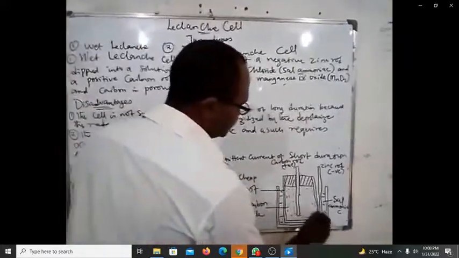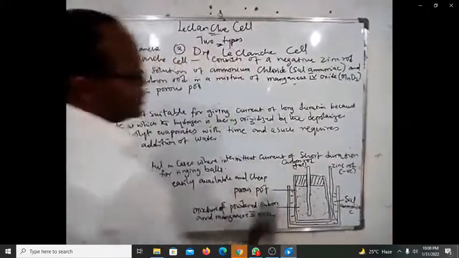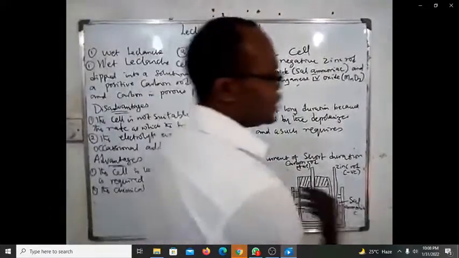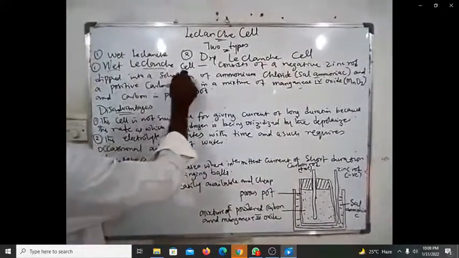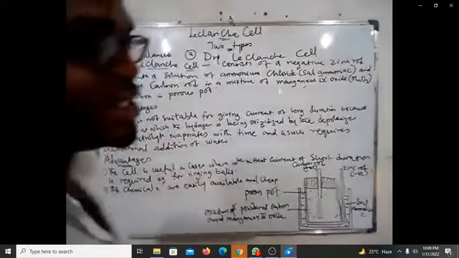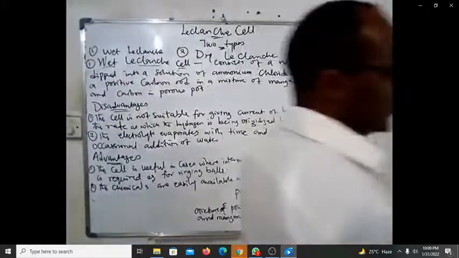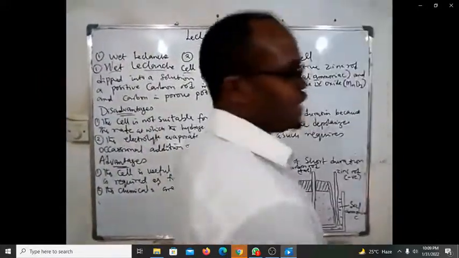This is a porous pot. Understand? So this setup is what we call the wet Leclanche cell.